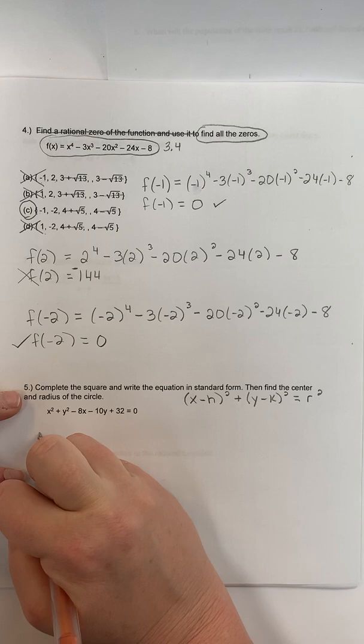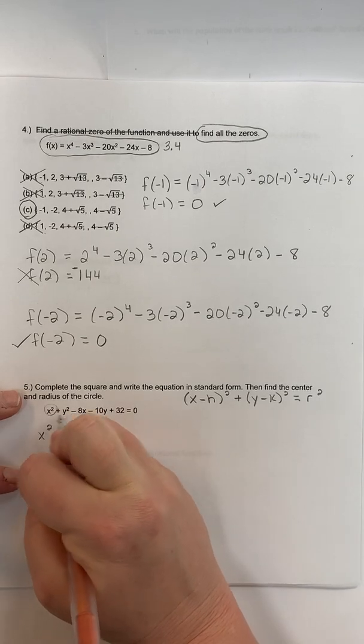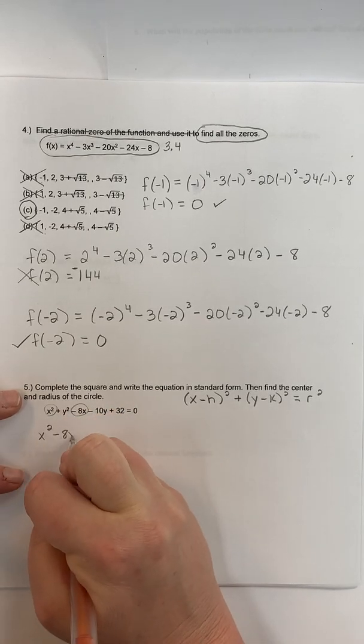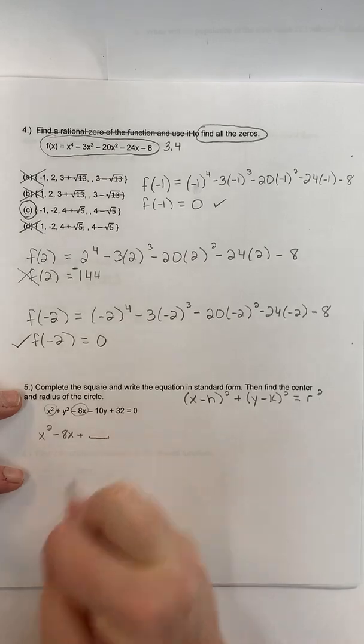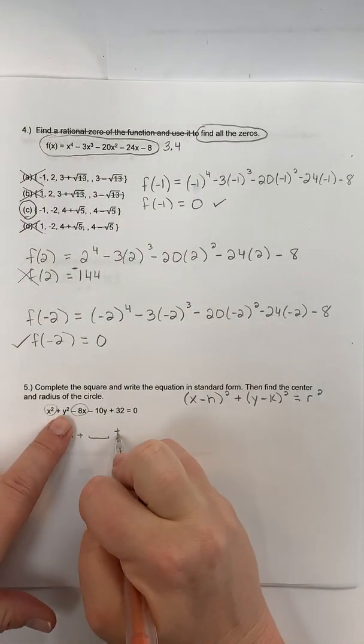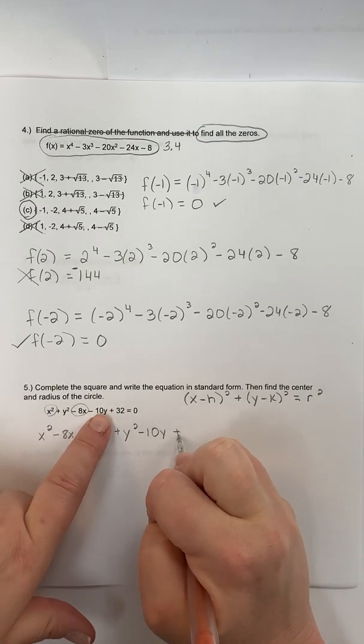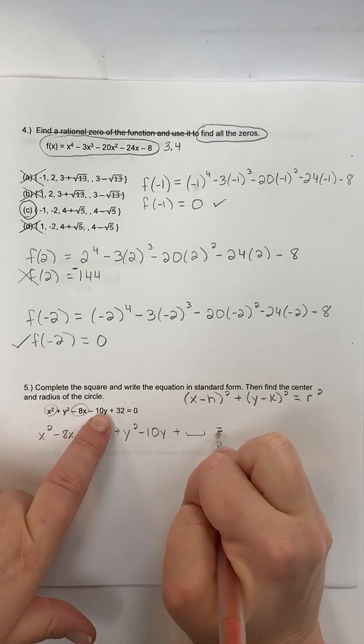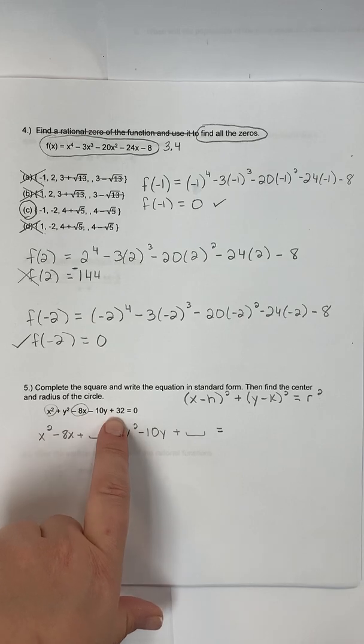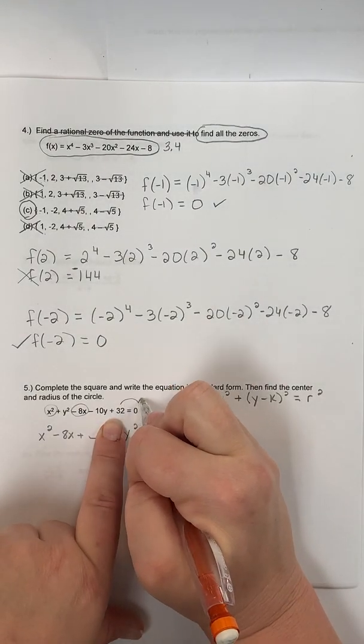So here we go. We're going to put the x terms side by side and leave a little blank. Then we're going to put the y terms side by side and leave a little blank. Now 32 is the constant. It doesn't have an x or a y, so it's going to need to go to the other side.